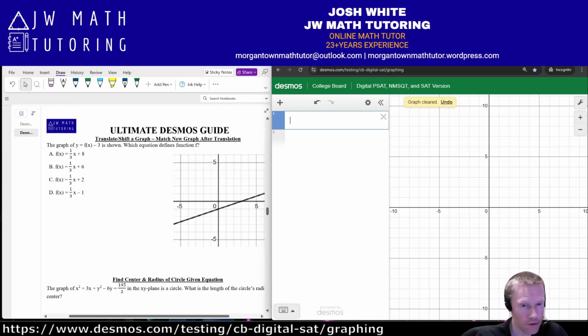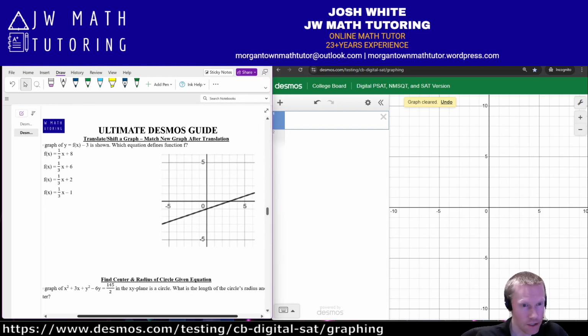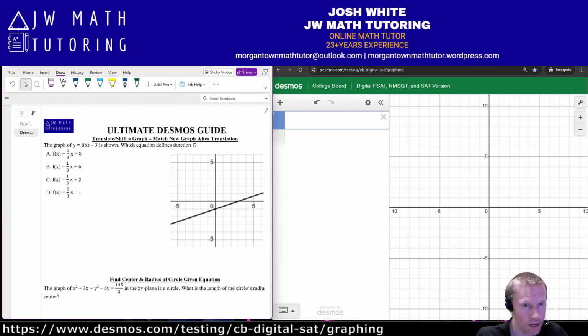All right, so now let's go to the top of the next page. Here we have another translation problem. Basically what's going on here is you have a graph of some function y, and this is showing f of x - 3.